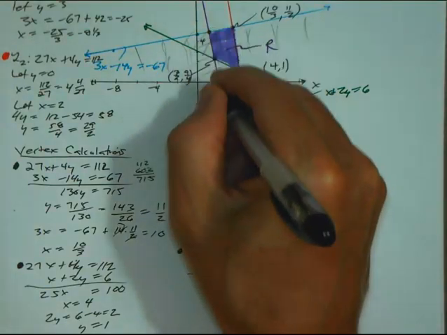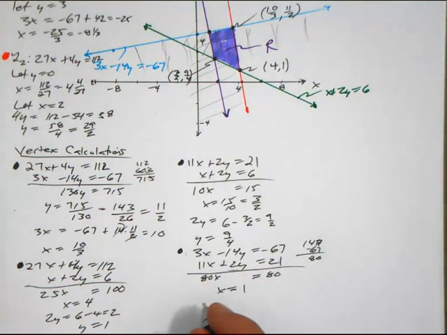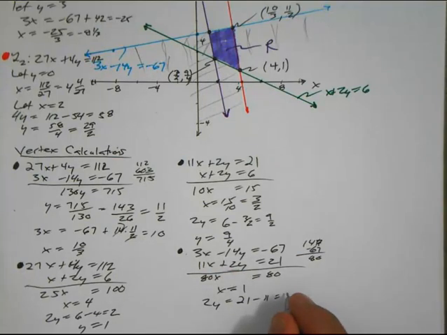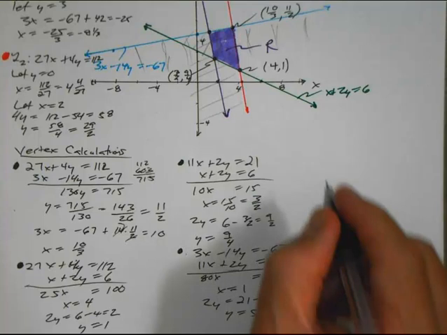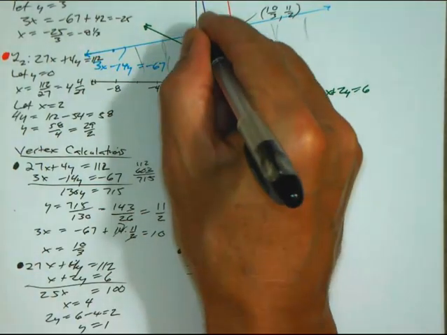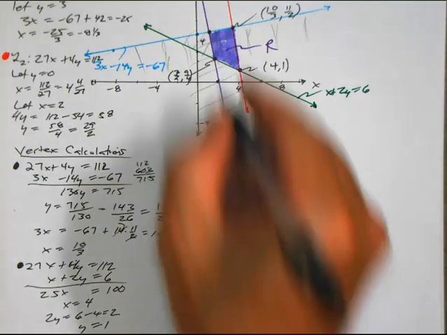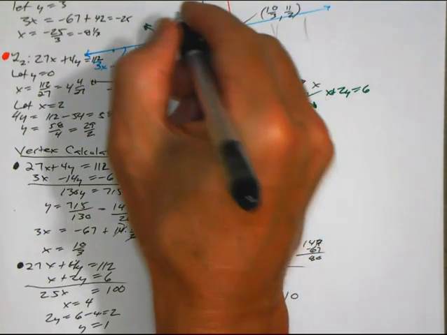This point, okay, x about 1 looks okay. Alright, let's figure out the y, recycle the second equation. 2y could equal 21 minus 11 times 1, known as 10, then gives us a y equal to 5. Does that look consistent with the graph? Yeah, there's 4 and there's 5, right in between. This actually looks pretty good. So 1, 5, vertex there.